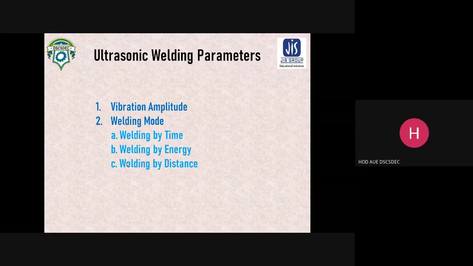What do we mean by feedback control? Suppose you require a higher amount of power, or a certain amount of extra time, so that the weld can be created at its peak. This is an important addition to this welding process.